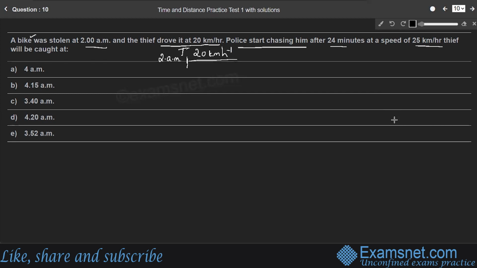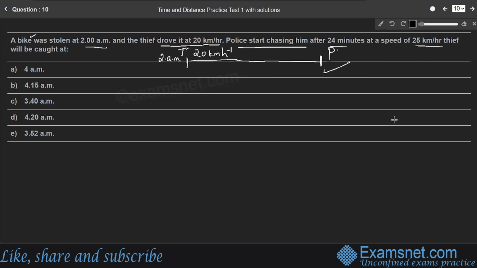Police starts chasing him after 24 minutes. So after the thief has stolen the bike, police starts chasing him after 24 minutes. For example, we'll consider some other point P somewhere here where police caught the thief, right? At this point, police caught the thief.